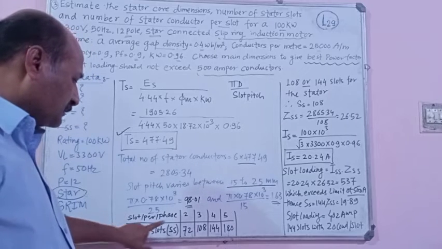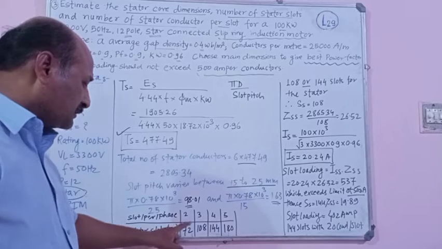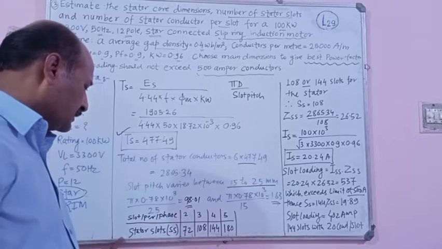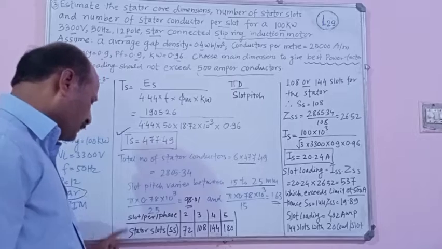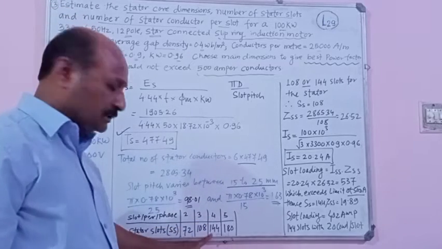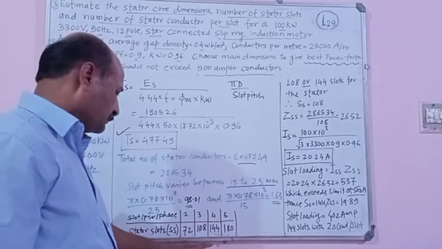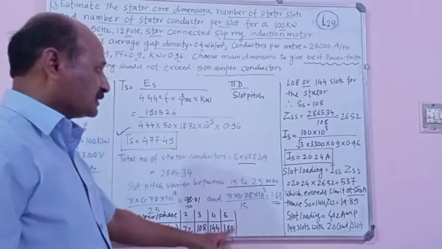If the number of slots per pole per phase equals 2, you will get 72. If you choose 3, then you will get the stator slots equals 108. For 4, you will get the stator slots equals 144. For 5, you will get the stator slots equals 180.